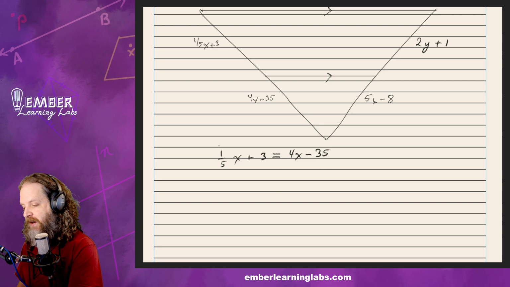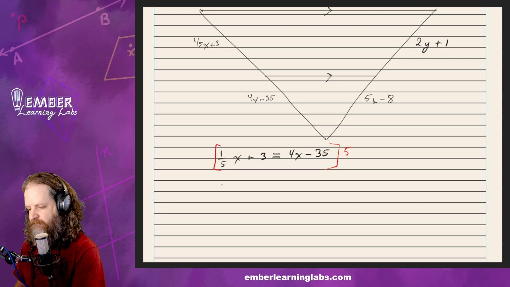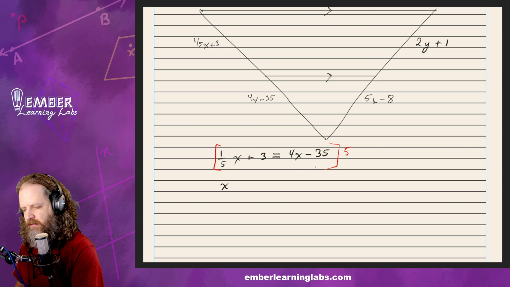Sure. To clear the fractions. Yeah. Multiply everything times 5 is totally fine. There we go. Good. And so, oops, I should finish writing what I'm writing first. Times 5. What's 5 times 1/5? Yep, just 1. And then 5 times 3. 15.